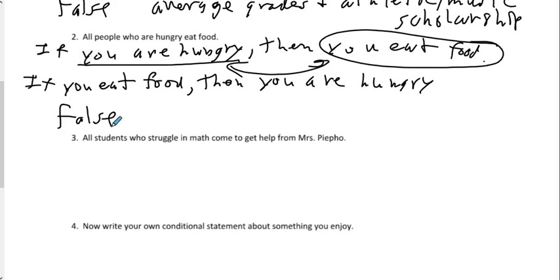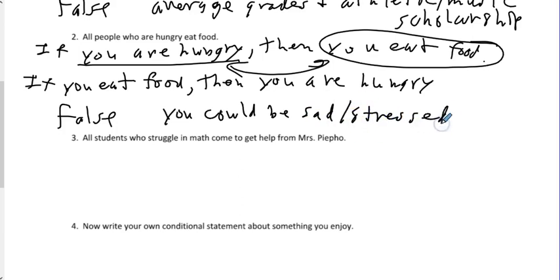Because you could be sad. Some people eat when they're sad or stressed. Not necessarily hungry, or a friend shared food with you. You weren't hungry, but that was a really good-looking pizza, or biscuit, or cake.